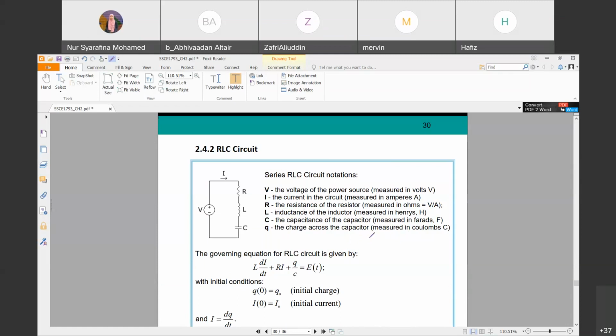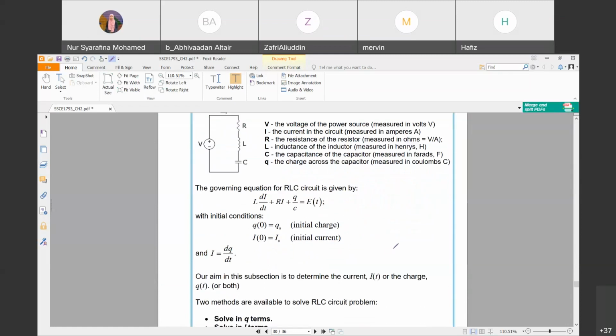The governing equation for the RLC circuit is given here. You know that the current I is dQ/dt, the change of charge across the capacitor within time. Our aim is to determine I, or the charge Q, or both.